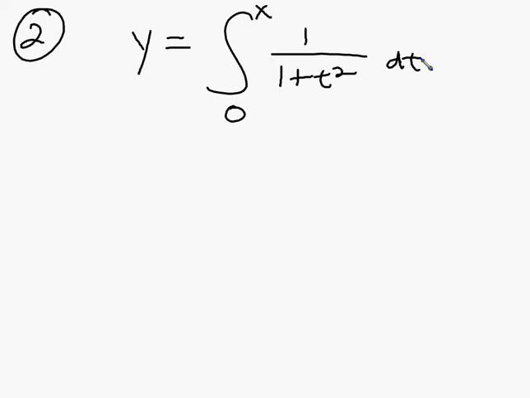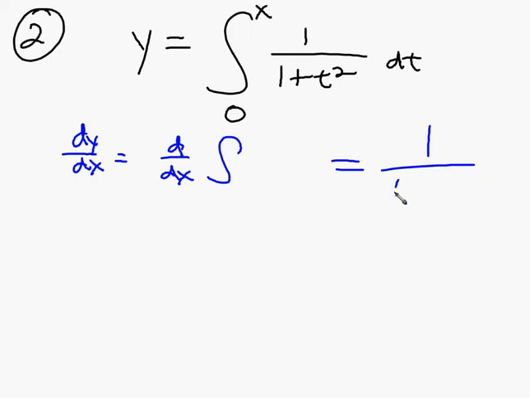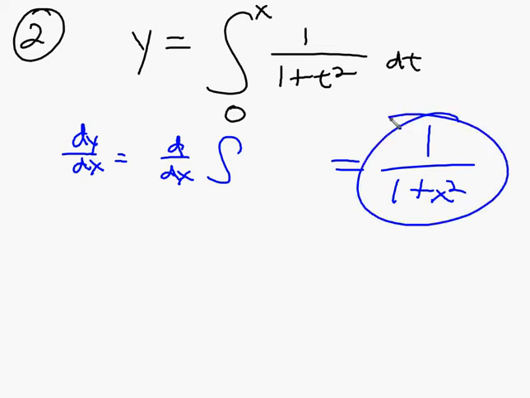Well, what did we say? If I want to find dy dx, that's the derivative of the integral. And if I'm doing the derivative of the integral of the function, it's just going to be the function at the top limit. So it's going to be 1 over 1 plus x squared. Okay? Boom.